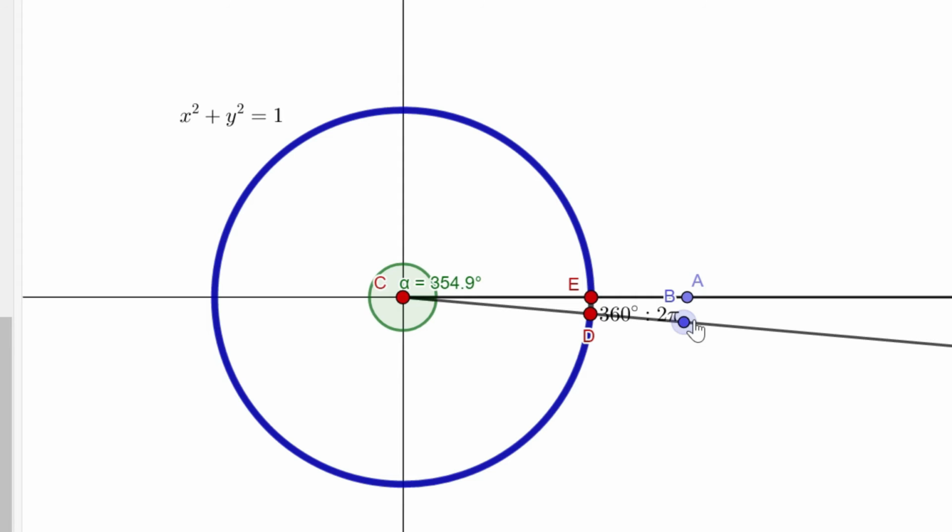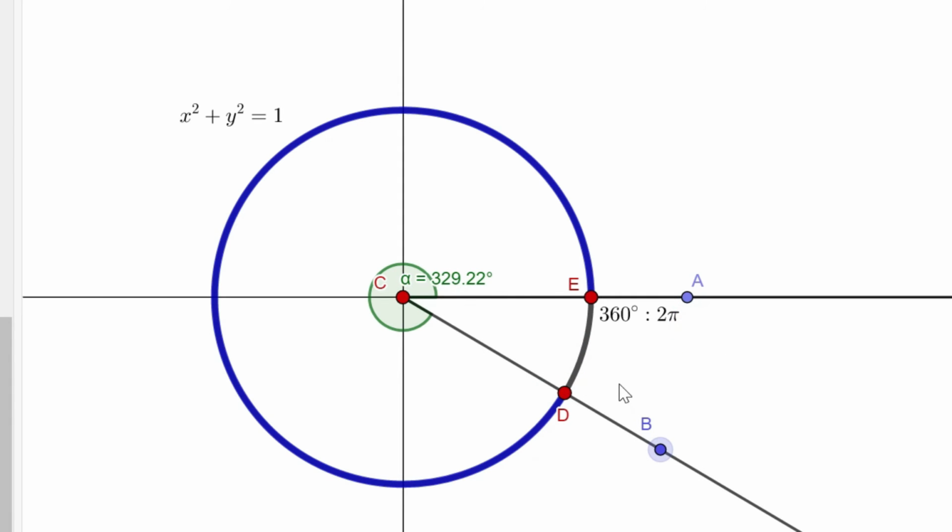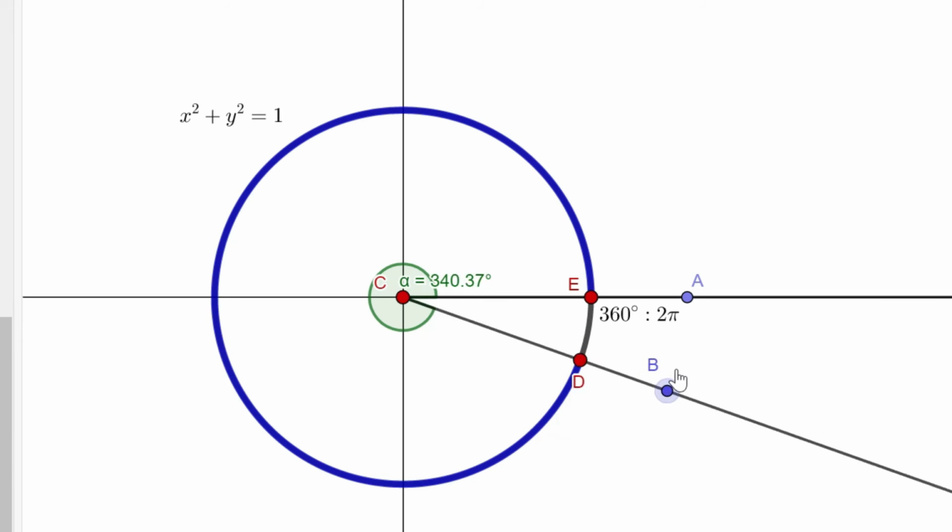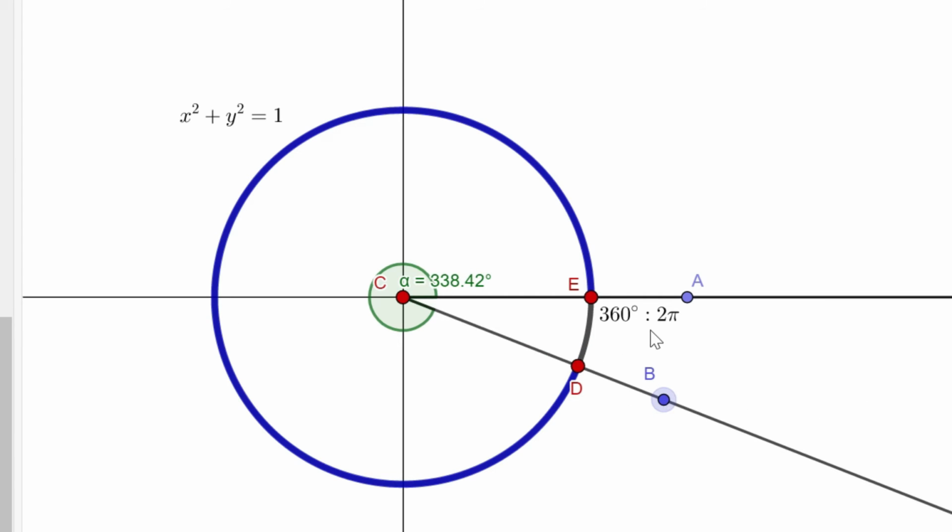It would have to be 2 pi because this is a unit circle, and you know how to compute for the circumference of a unit circle. It is equal to 2 times pi times 1. So we have a working ratio here, okay? One complete revolution, which is 360 degrees, is to 2 pi or 2 pi radians.